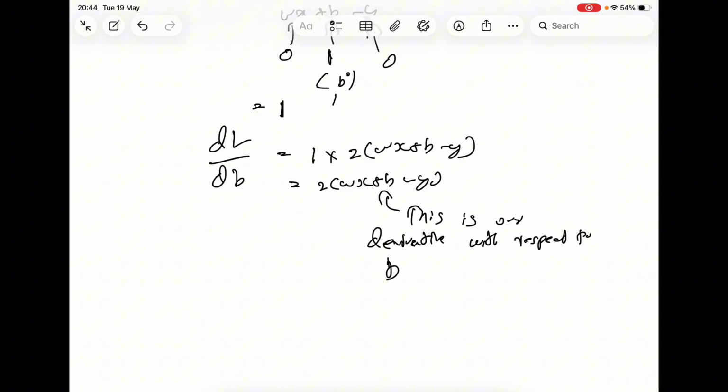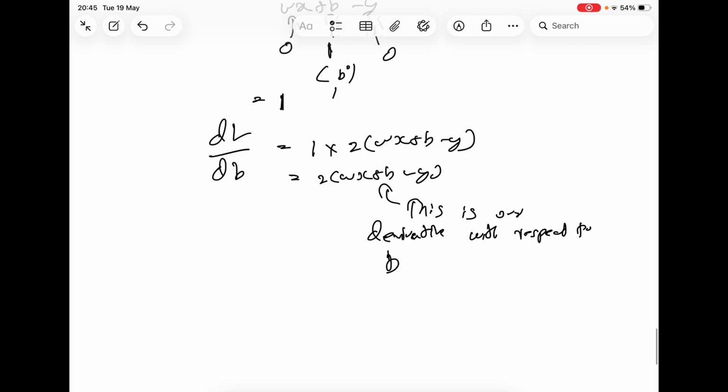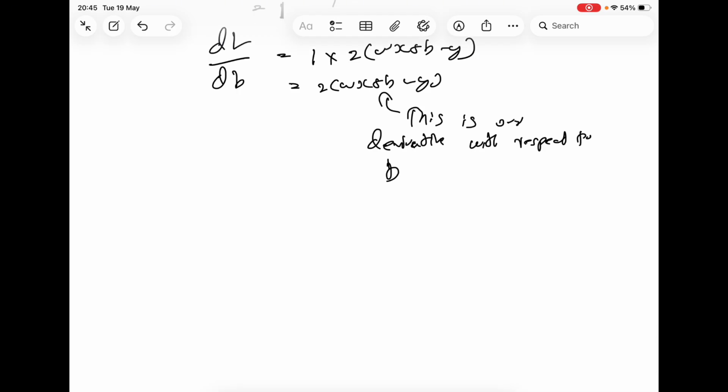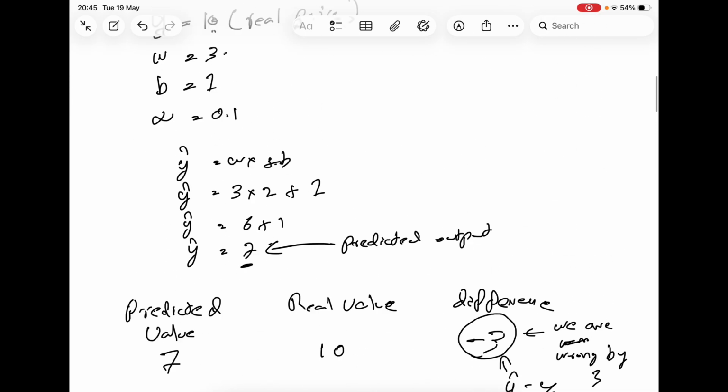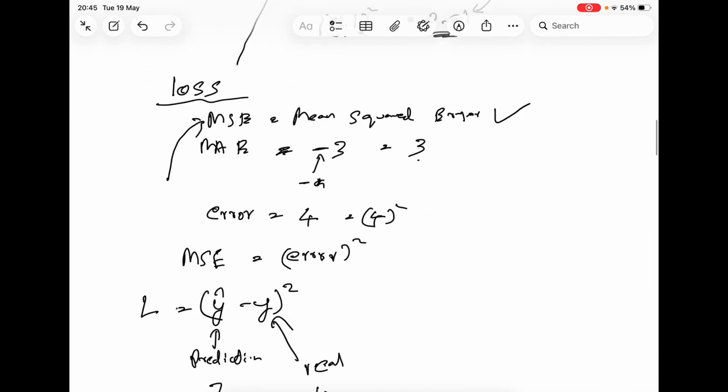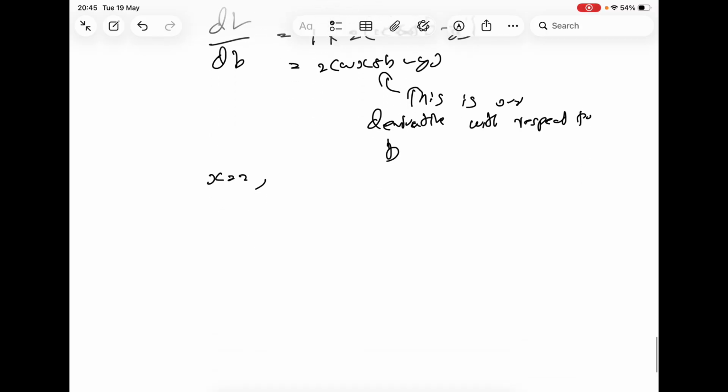Now let's plug in some real values and see what will be our derivative, right? So as you know, our x value is 2, our w value is 3, and our b is 1, and our actual value is 10. Now let's see.